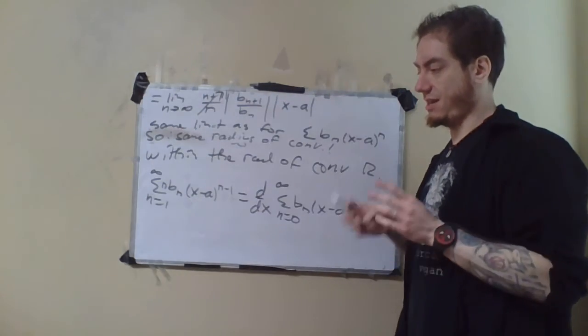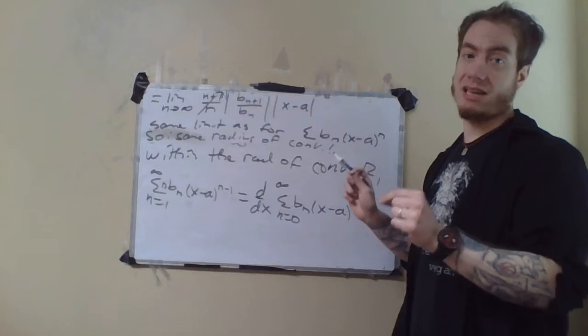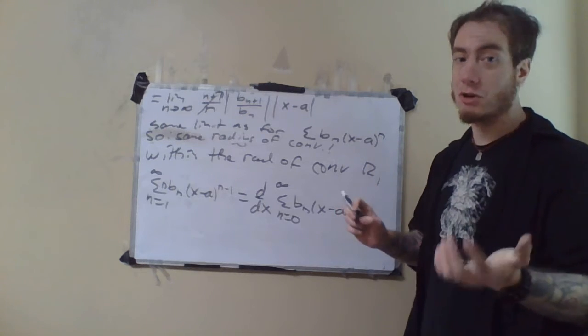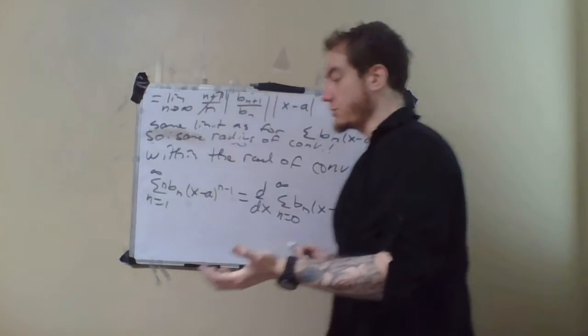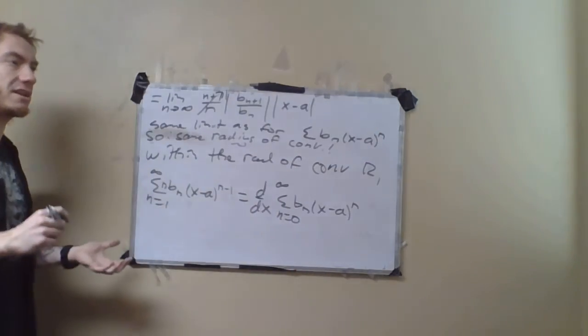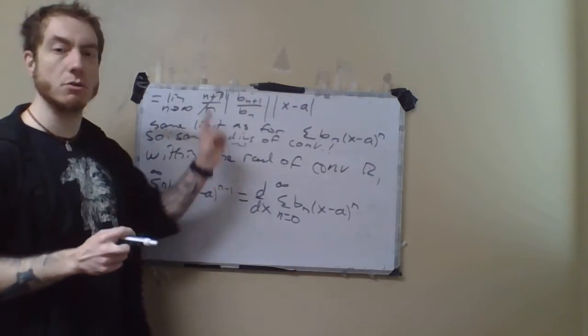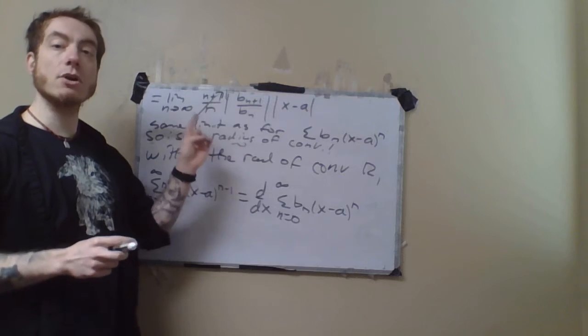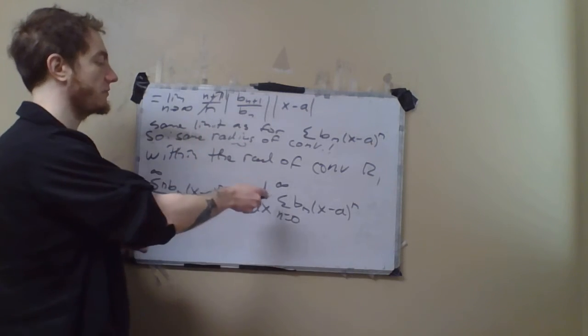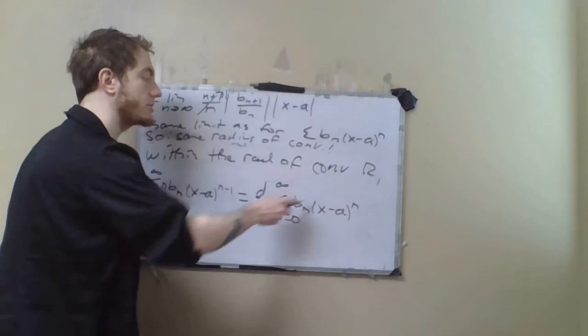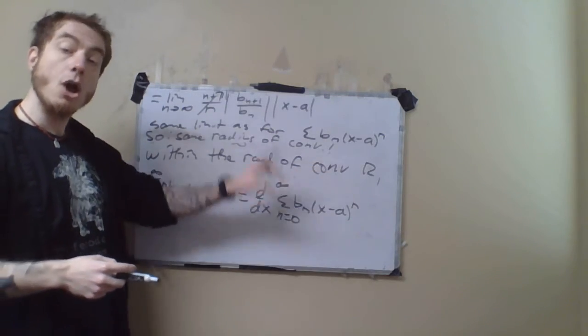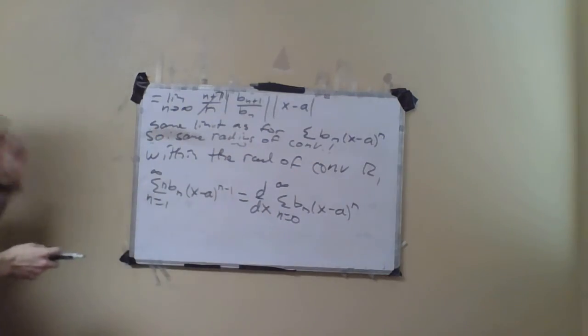If it's a finite sum, then it's easy, because then we're just dealing with a polynomial. So we take the derivative term by term. However, it turns out that within the radius of convergence, even when we generalize to this infinite power series, we still take the derivative term by term.